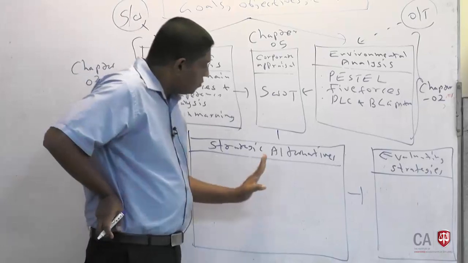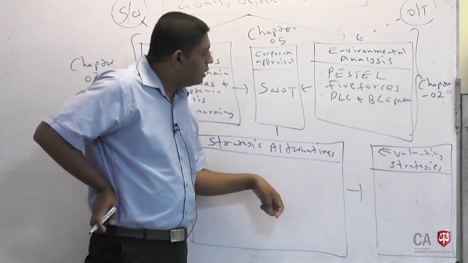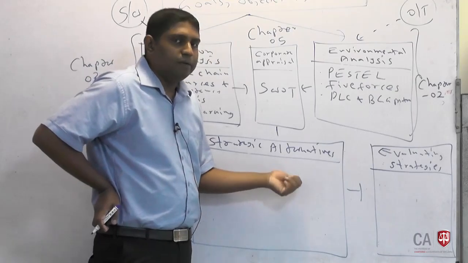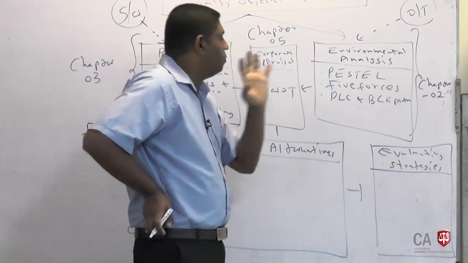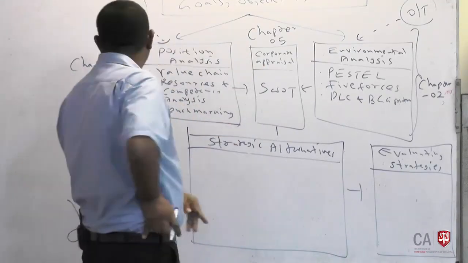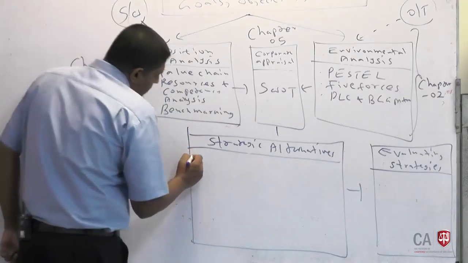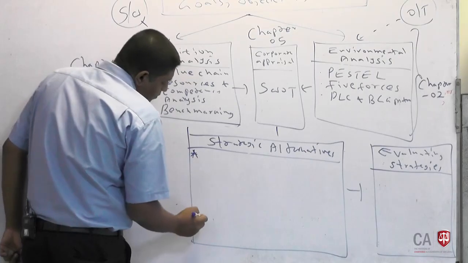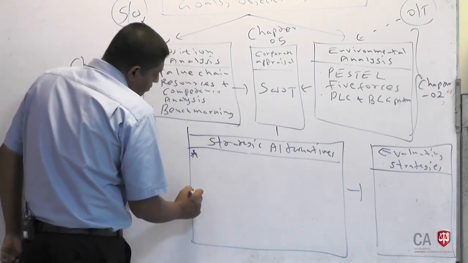After learning them, within the real organizational environment, you will be able to apply them in practice. That is the purpose, to get an idea about the different strategic alternatives an organization can apply. Your syllabus has suggested covering two main strategic options.